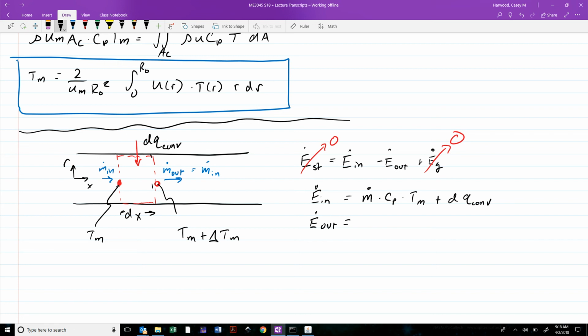The energy coming out of this control volume is just going to be m dot Cp times Tm plus delta Tm.